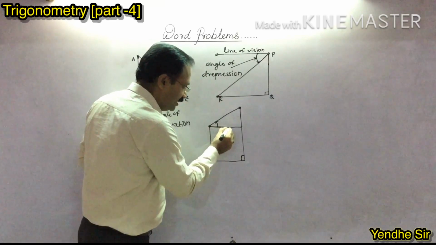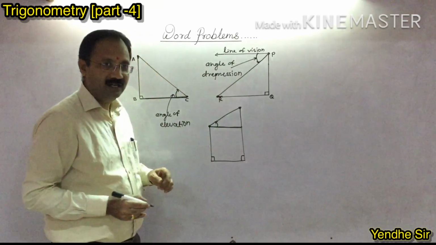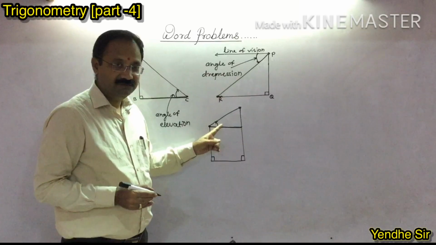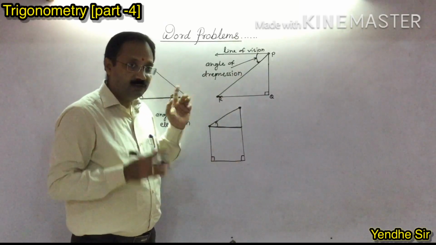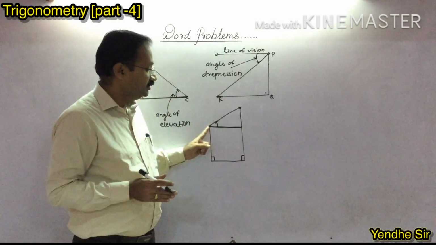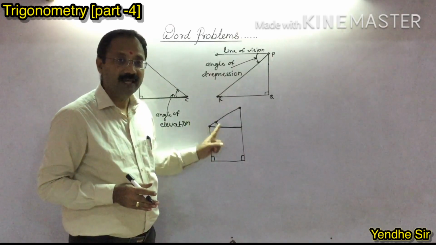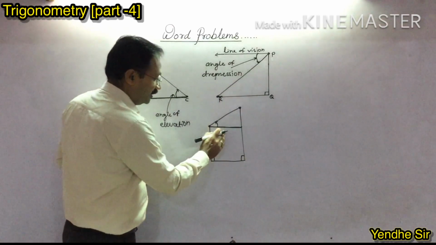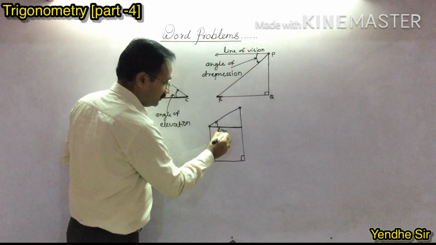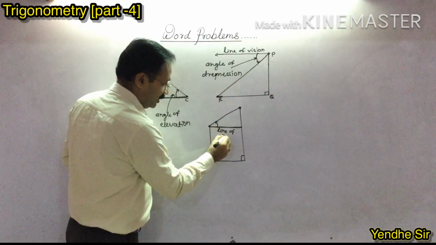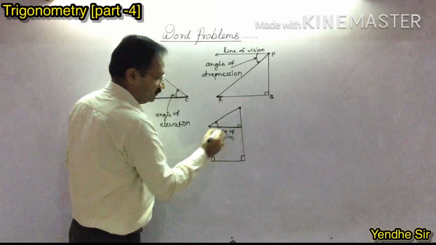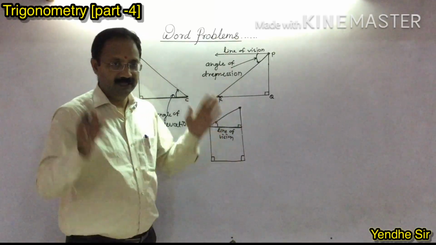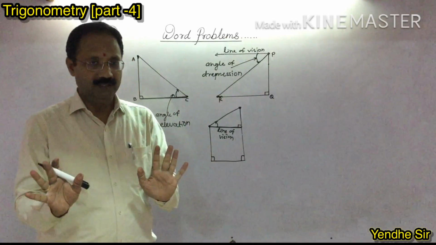And this line is not given here, I have drawn. So it means if there are two buildings, then you have to draw the line of vision from upper to the upper side. And this is the line of vision. And it is always perpendicular. That you have to remember in the sum of buildings only.